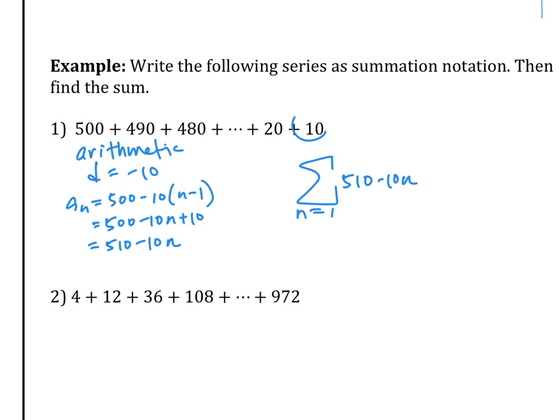The next thing is you need to figure out what term number 10 is. Again, if you don't know what that is, put it in the explicit formula. Okay, and then figure out what n is. n is 50. And there you go. That is the summation notation.